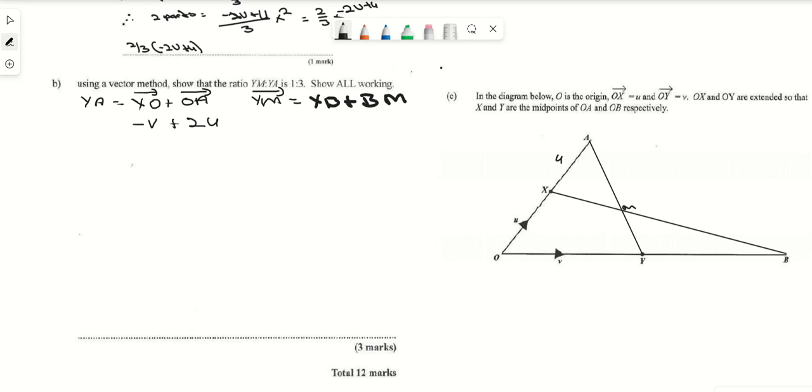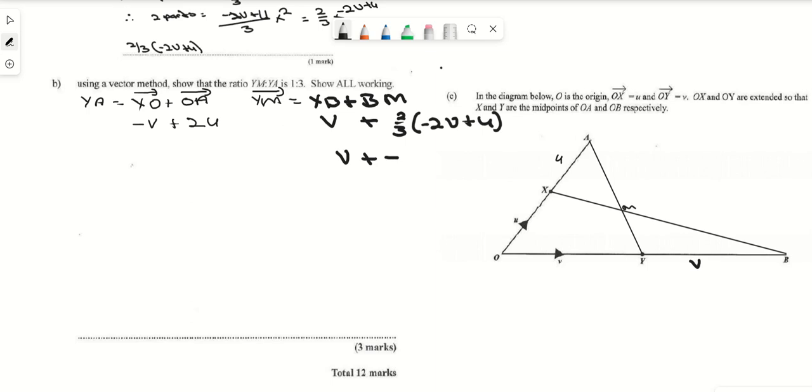Now, we already know what YB is. YB is V here, and they're going in the same direction, so this is V plus BM. BM was what we found above to be 2/3 open bracket minus 2V plus U. Right, let's work out those brackets.